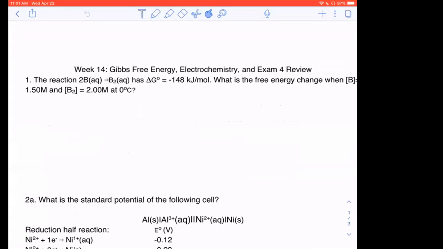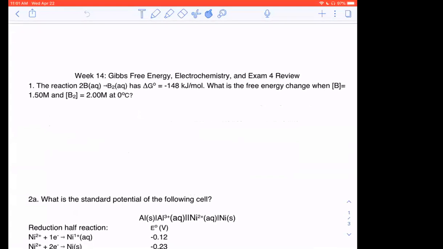Looking at number 1, what this wants you to do is figure out the Gibbs free energy of a voltaic cell.